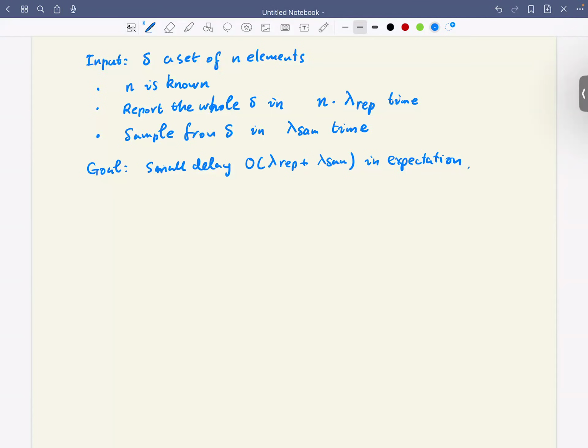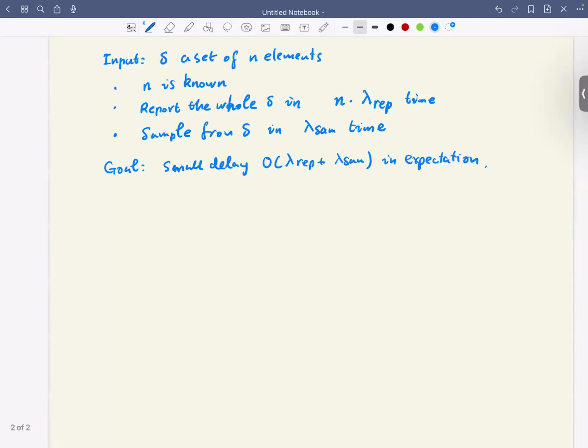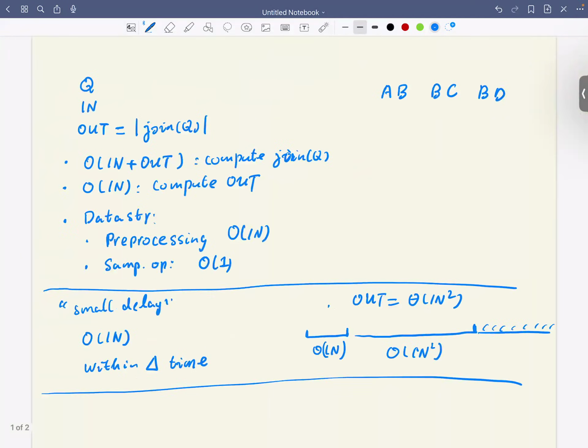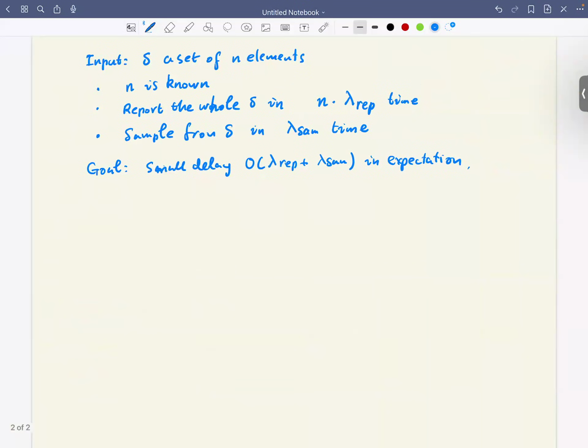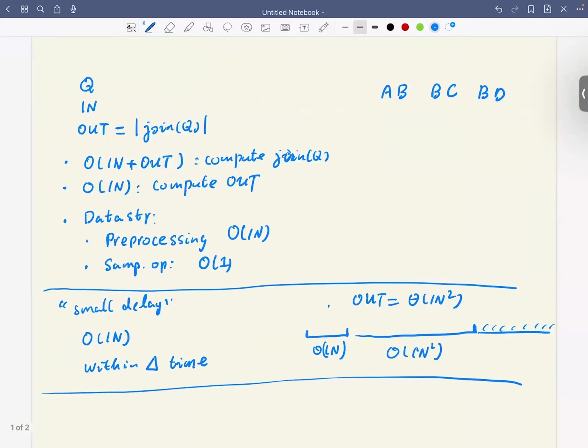Now you tell me, are you able to satisfy the three bullets in this pre-processing period? This initial grace period that I promised you, according to the things that you have learned. I purposely wrote things in three bullets because there's one correspondence between these three bullets and these three bullets here.